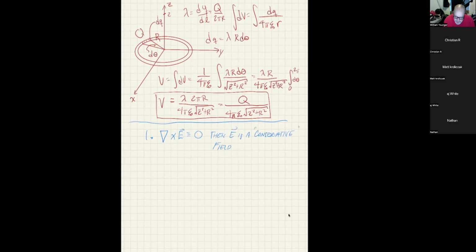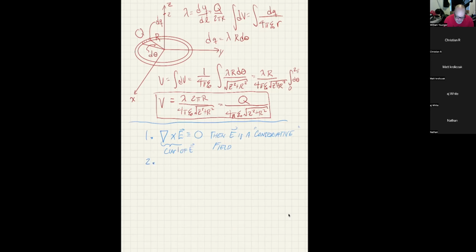Conservative means you can make a conservation law with it. So that's a big deal. And this quantity right here is called the curl of E. Some people call it the rotation of E, others call it del cross E, but the main thing is, if you calculate this for electric field, and it's not just 0 for a particular choice of X, Y, and Z, but it's 0 for all X, Y, and Z, then it's what's known as a conservative field. If that's true, then this has to be true too.